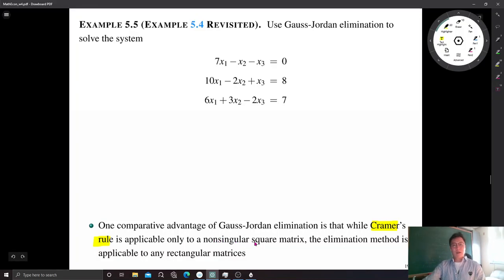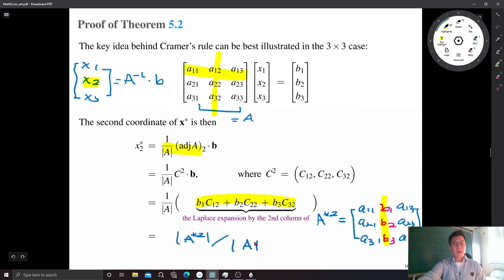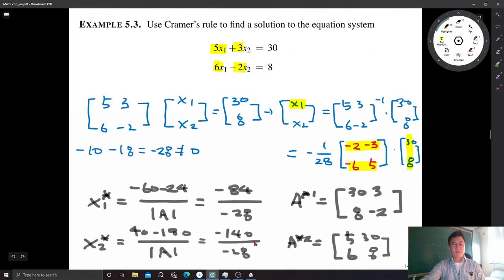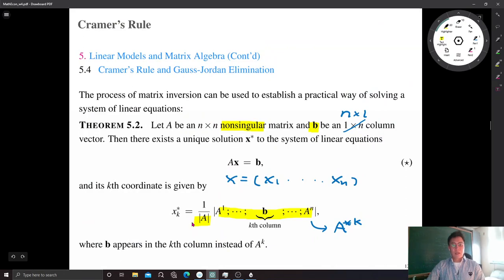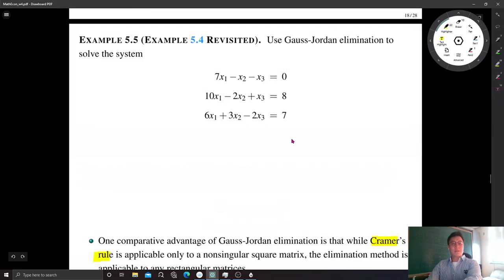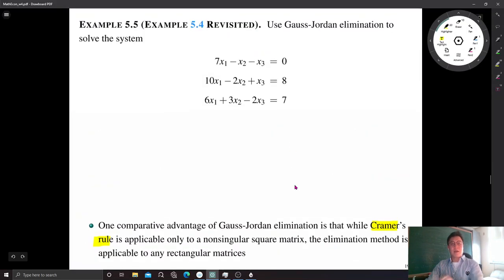Otherwise, going back to Cramer's rule, if the coefficient matrix is singular, then we can't apply this rule because the determinant of A is going to be 0. So Cramer's rule can be applied only when matrix A is a non-singular square matrix. On the other hand, this Gauss-Jordan elimination method can be applied to any type of coefficient matrix.